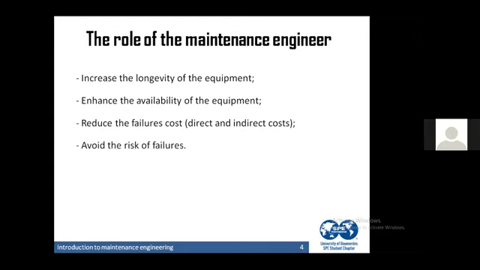The fourth main role for a maintenance engineer is to avoid the risk of failures, especially in critical sectors where any risk can kill you. It's like that in oil field or gas industries. Any failure can kill you.